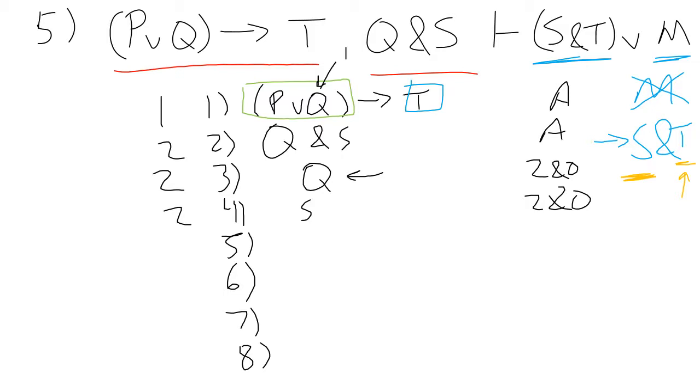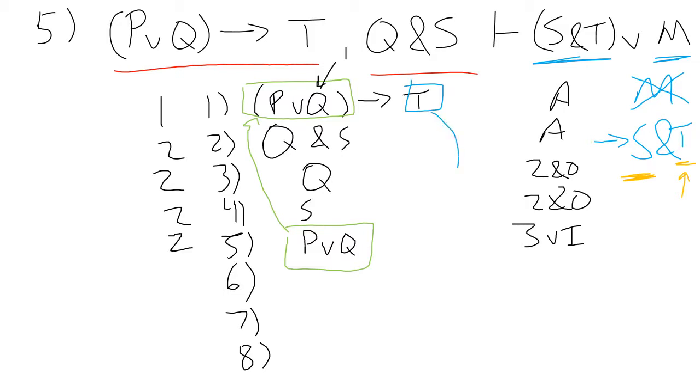I just need to wedge in P to get the P or Q. So my 3 is where my wedge is at. What am I doing? I'm wedging in the P. So Q is associated with 3 there. So now I have the antecedent to my conditional statement.